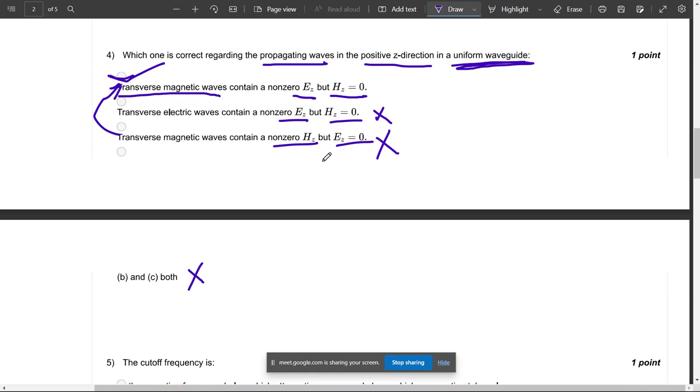कोई problem है इसमें? If here, instead of saying transverse electric waves contain a non-zero Ez, but Hz is equals to 0, if it had said that transverse electric waves contain a non-zero Hz, not equals to 0, and E in the positive direction is equals to 0, will this statement become correct?